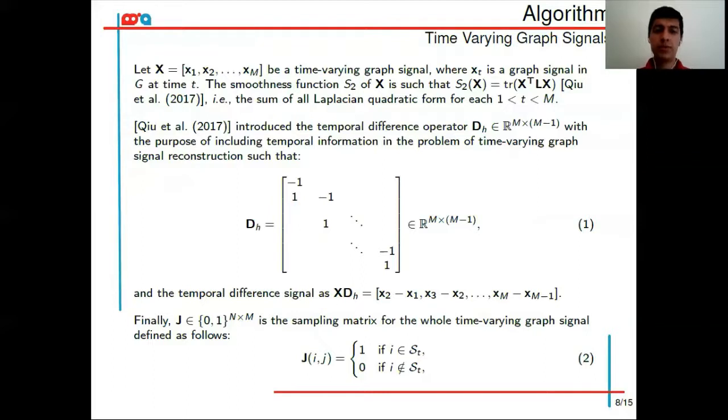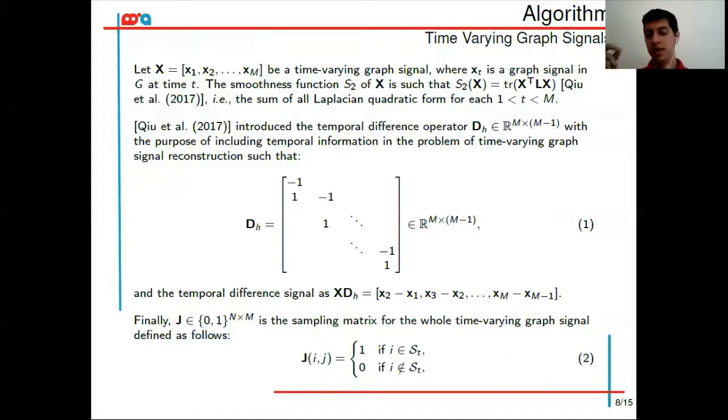Q in 2017 introduced the temporal difference operator, that is this matrix in equation 1. They introduced this temporal difference operator trying to get the information in time. For example, here we have X times D, that is X2 minus X1.